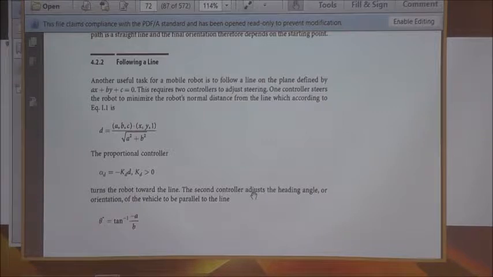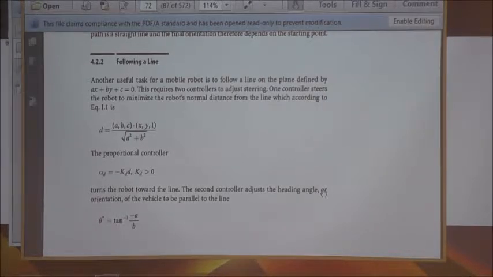The second controller adjusts the heading angle or orientation, theta, of the vehicle to be parallel to the line. So you want to minimize your distance and then join in a parallel fashion. Essentially, superimpose it and follow that line.